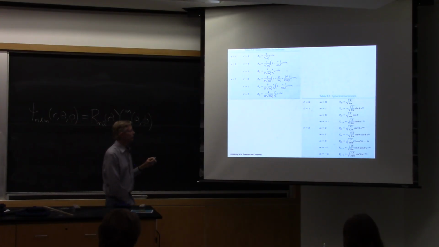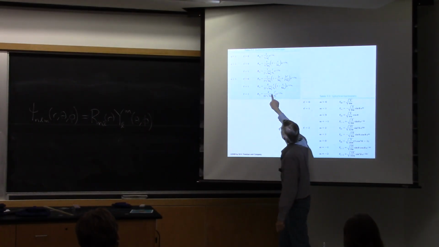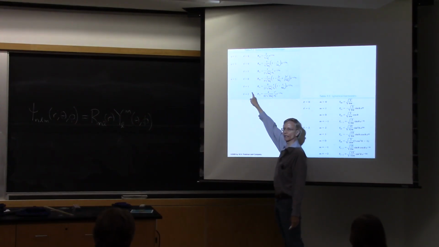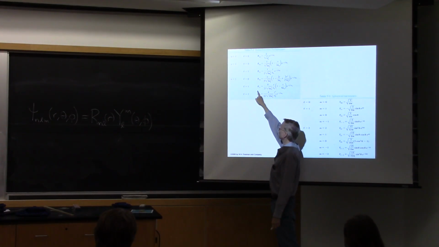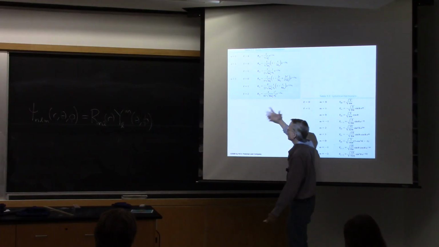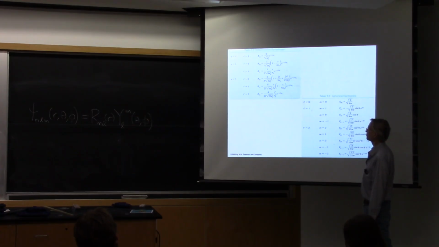And so the wave function is going to be a product of one of these R_nl functions. For example, R_31 is the radial function when n is equal to 3 and l is equal to 1, and it's equal to 8 over 27 times the square root of 6 times the Bohr radius cubed, times r over the Bohr radius, times 1 minus r over 6 times the Bohr radius, times e to the minus r over 3 times the Bohr radius.